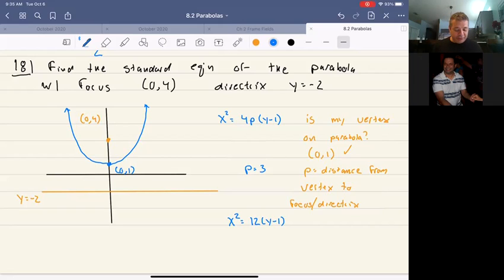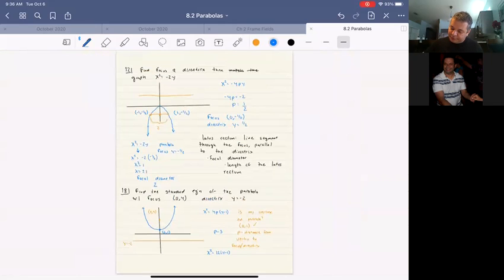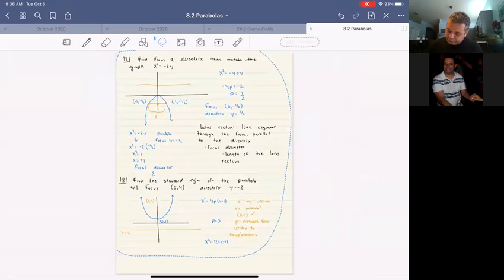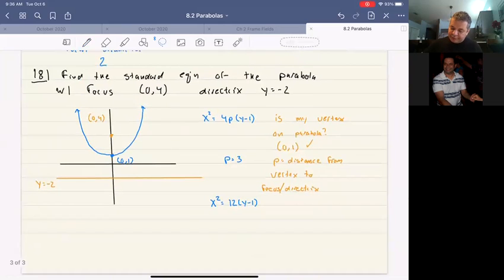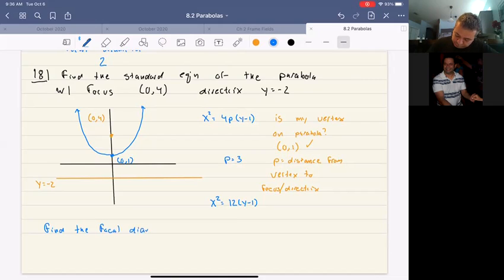We're also asked to find the focal diameter, which is the length of the latus rectum.